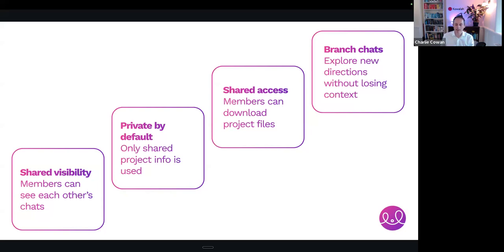Second thing to remember is that you saw a minute ago that when I set up the project, I put in project memory. The default, once you share a project, is that only the people that are in that project, it will only use the memory of those chats. So if you've set up another project, or you've been having another chat about another topic, that memory will not come into your project.